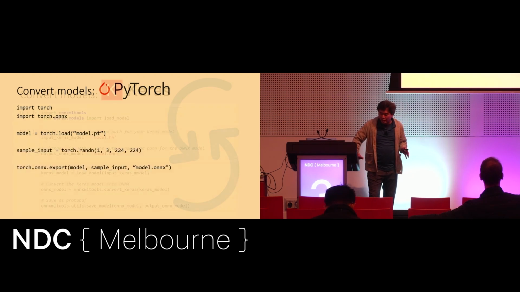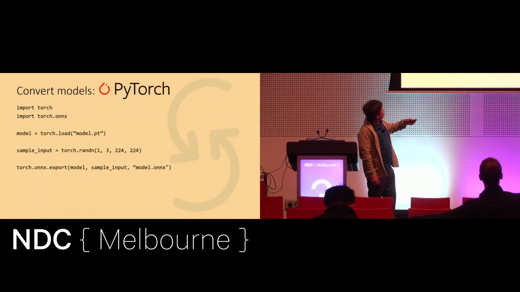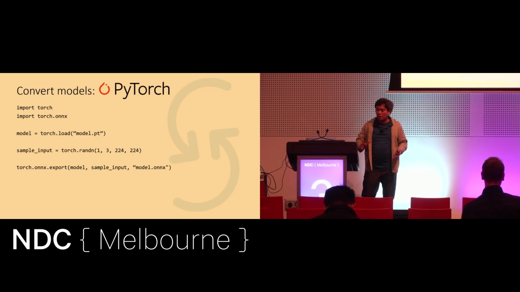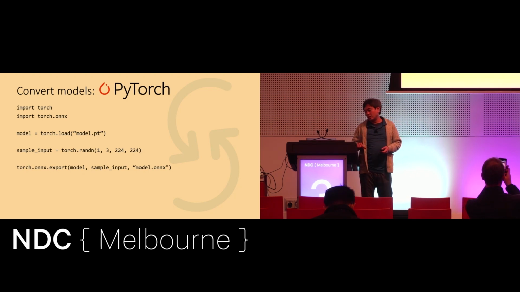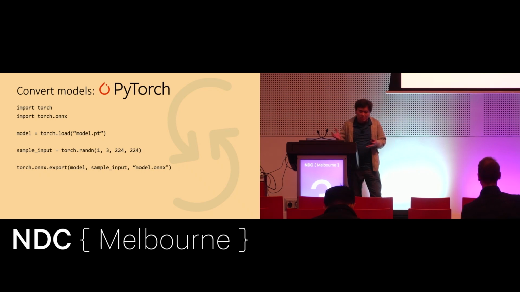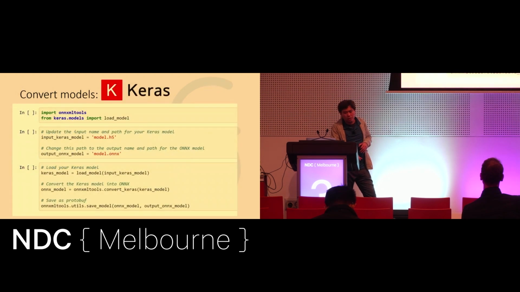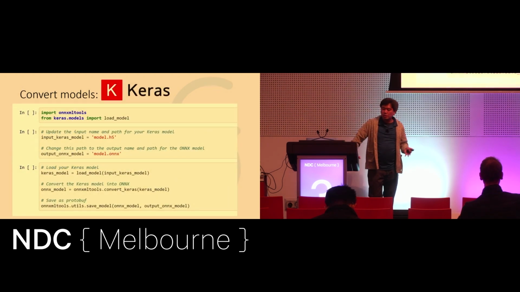My point here is that there is a library called torch.onnx, and you just say torch.onnx.export, you specify the model, the output, and then you're good to go. In this case, this is a sample model that they have available out there, but there are already bindings for PyTorch to do this. For Keras, the same way too.